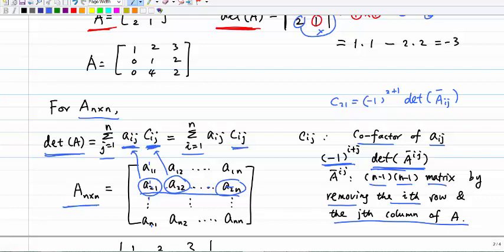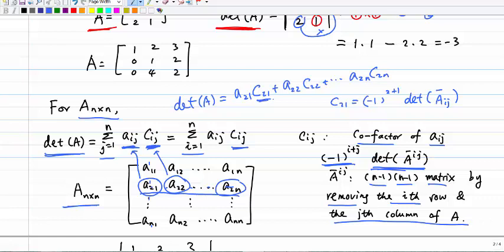Then you do the same procedure for each of these entries. For example, this is for C21. So the determinant of A can be written as a21 C21 plus a22 C22 plus so on, up to a2n C2n.